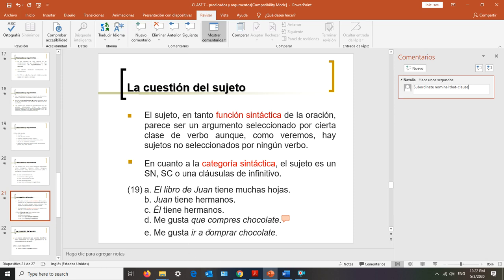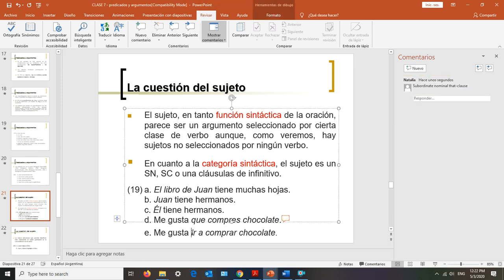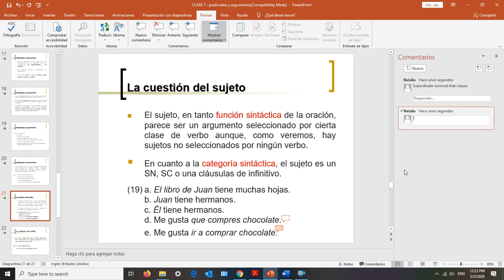Or an infinitive clause, una oración subordinada de infinitivo. Ir a comprar chocolate is an infinitive clause, una cláusula de infinitivo, as this slide says, or we can also speak of oración no conjugada de infinitivo.